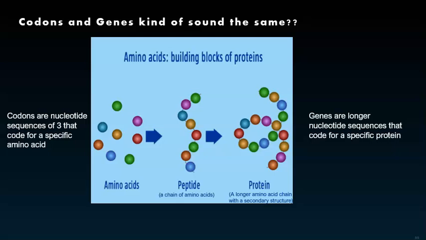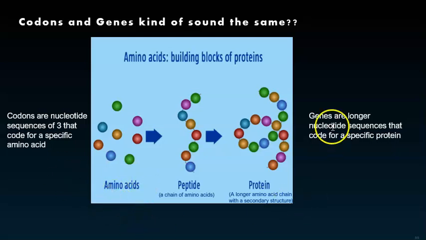Codons and genes kind of sound the same whenever you look at the definition, but basically, this is the difference. Codons are nucleotide sequences of 3, and they are coding for a specific amino acid. So just one single amino acid is what that 3 nucleotide sequence of a codon is coding for.